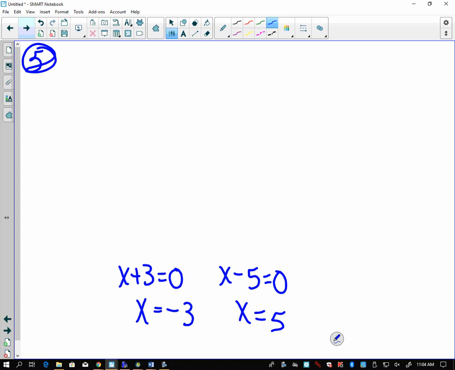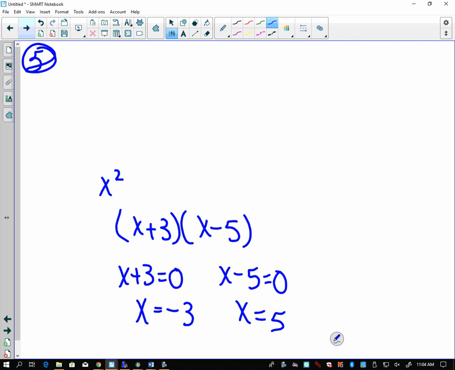Does that make sense? Okay, right, then I'm going to take my x plus 3 and my x minus 5, right? And we can see how this would work itself back down to the solution, x equals negative 3, x equals 5. But at this point, I'm going to go ahead and FOIL. X times x is x squared.